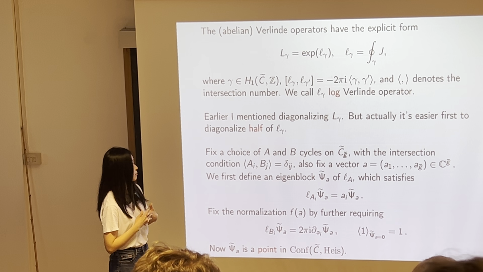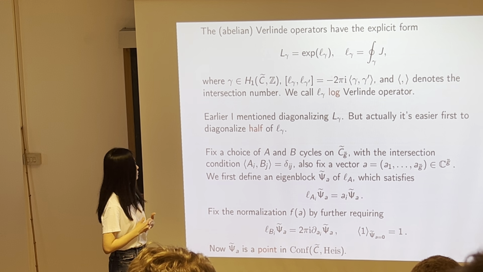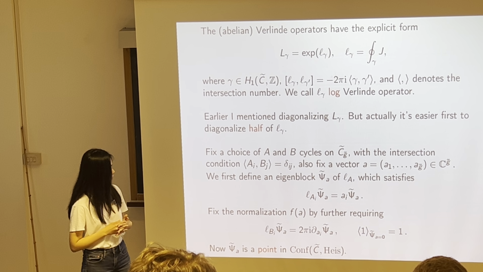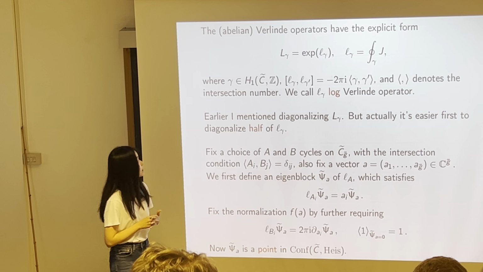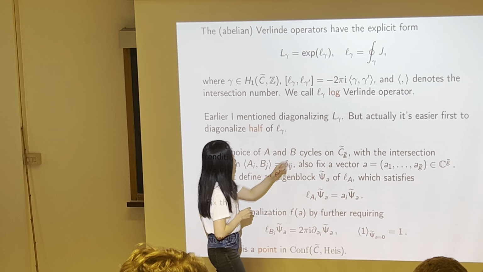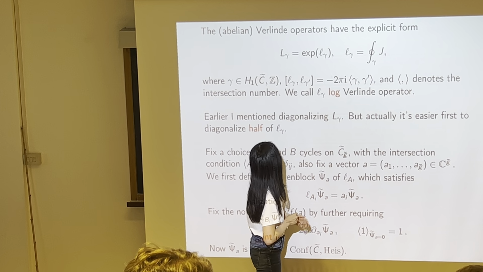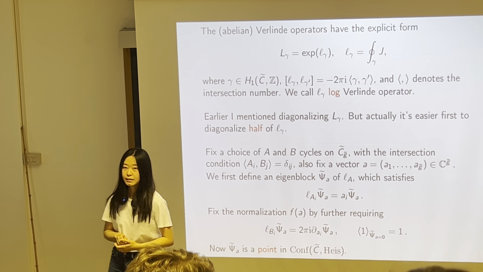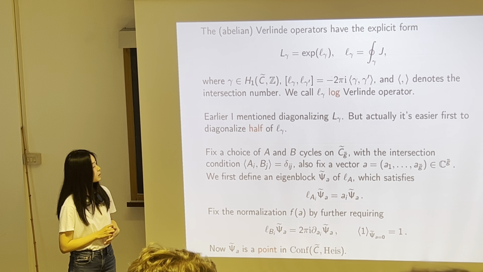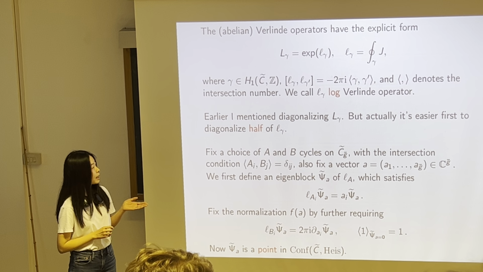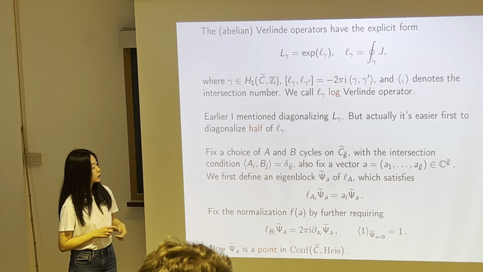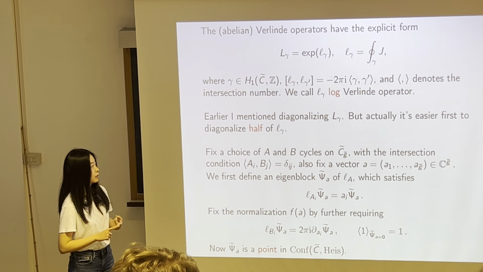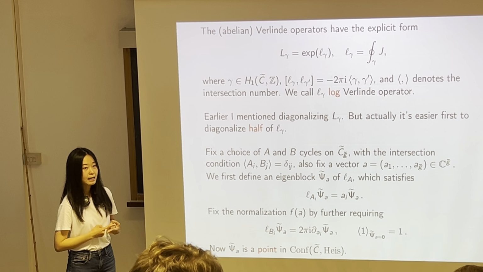So now what I'm going to show you is how to diagonalize half of the log Wilson-Dehn operators. We can do some explicit calculation to show that when we have different loops, the l_gamma satisfy this commutation relation, and the commutator is given by the intersection number of the two loops, gamma and gamma prime. Because they are not all commuting, this is also the reason why we can only diagonalize half of them.